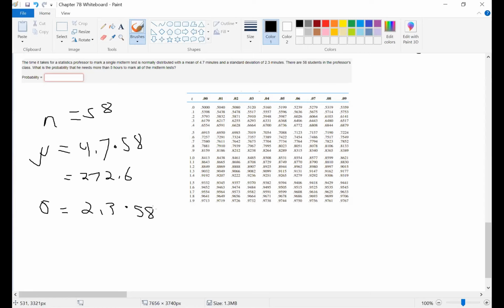This is why it's okay to multiply this 2.3 by 58. Because even though we can theoretically get that far out, as a practical matter, we're going to be closer to the middle because oftentimes they'll cancel each other out. Anyways, multiply them together, and we have a standard deviation of 133.4.